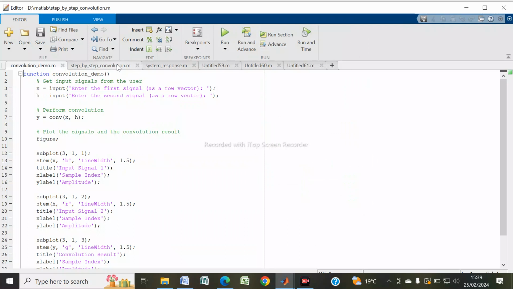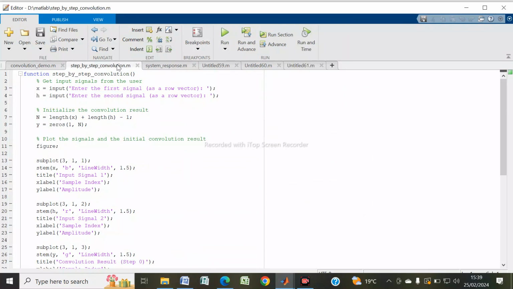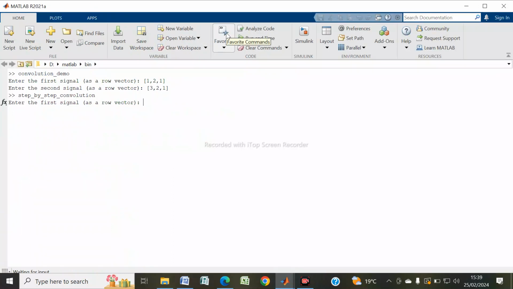The second task is one in which we have to show step-by-step convolution. As with the previous one, we give two input signals, then we convolve them, and then we plot them using the discrete signal command stem. When we run it, I will give the same signals as I gave in the previous one.